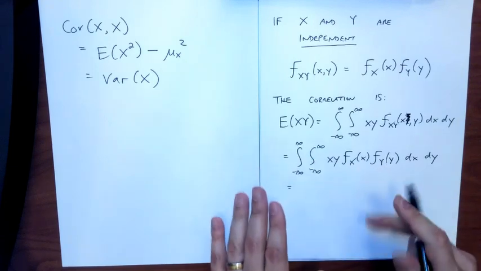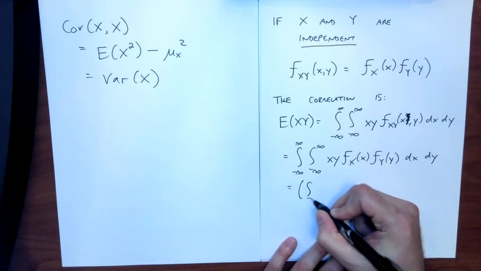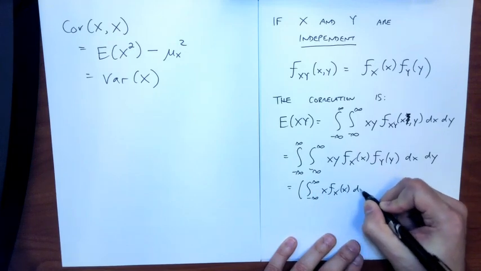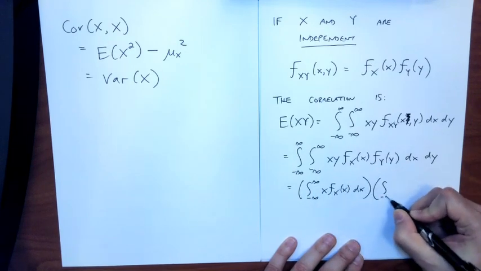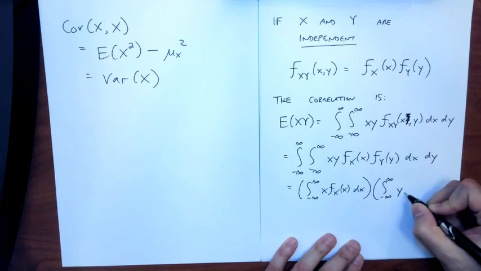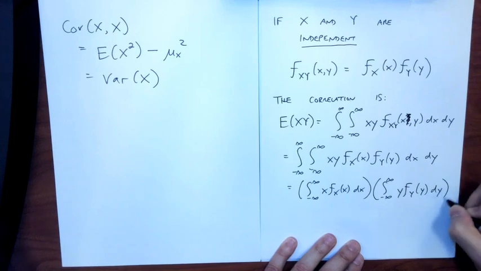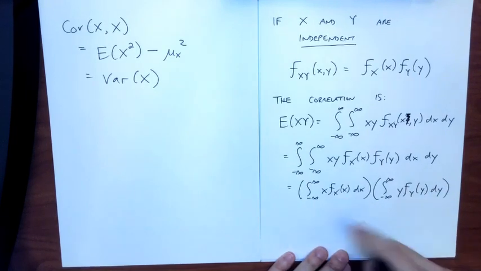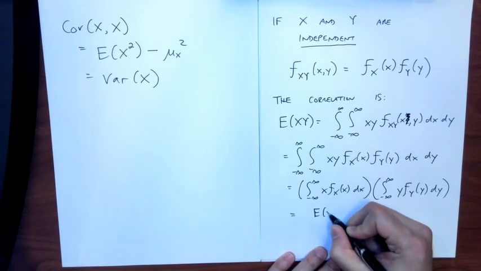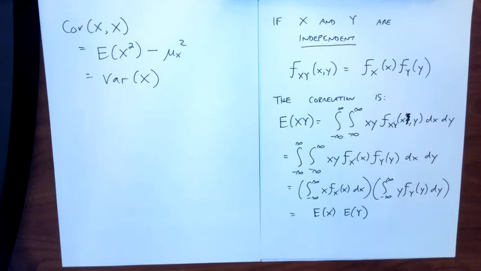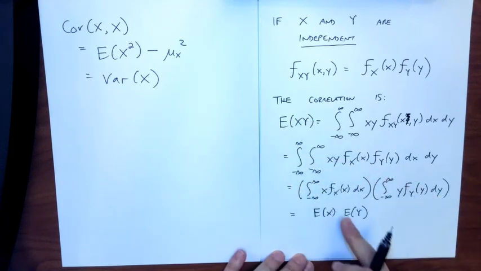There's a part that only depends on x and a part that only depends on y. This is the mean in x, and this is the mean in y. Okay? So what did we learn? We learned that the correlation is the same as the product of the means.